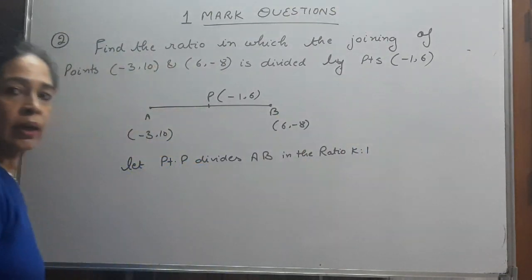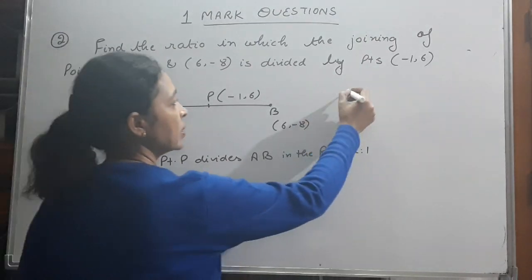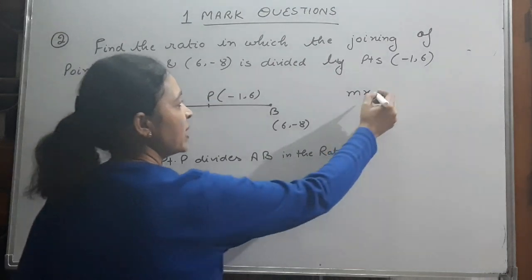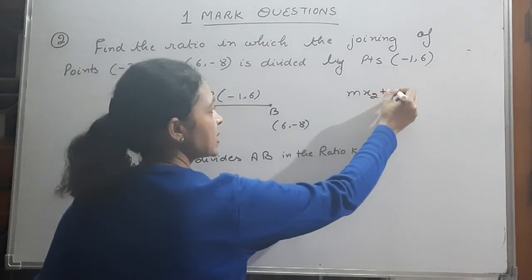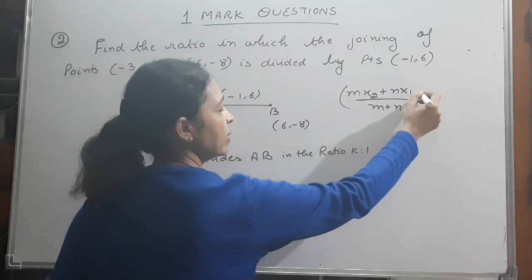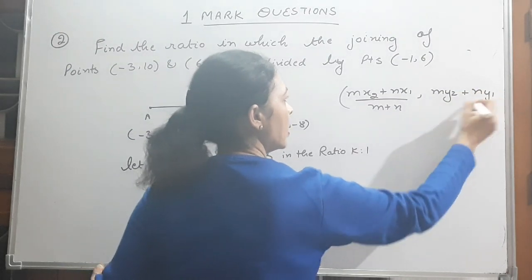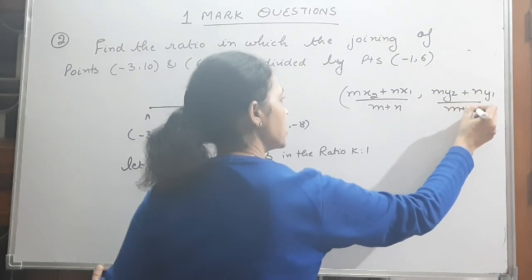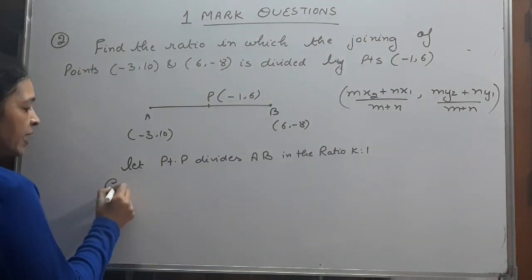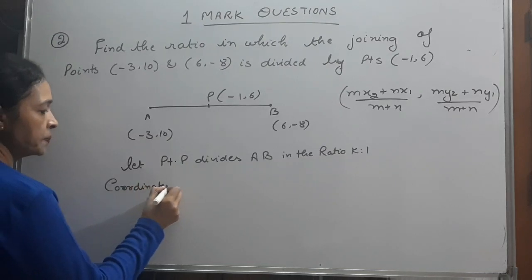If a point is dividing the line segment in the ratio m ratio n, then as per section formula, the coordinates of that point P will be mx2 plus nx1 upon m plus n. This is the x coordinate, and my2 plus ny1 upon m plus n. This is the y coordinate.